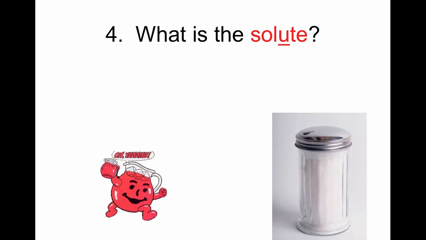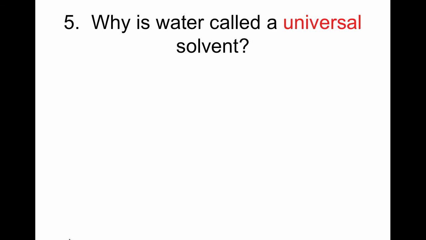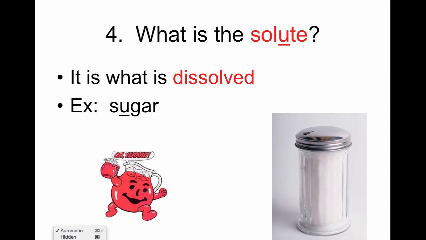The second half of the solution is the solute. And the solute is what's being dissolved. Now the solvent is going to be present in the largest quantity, and the solute is going to be present in the smallest quantity. So for instance, if you were talking about salt water, so if I were to have salt water, the salt would be what you have least of in a big glass of water.